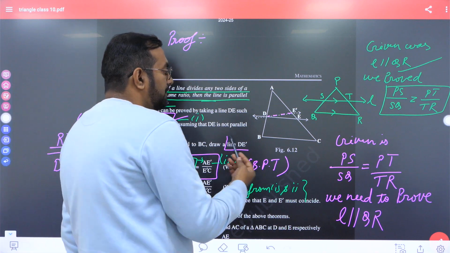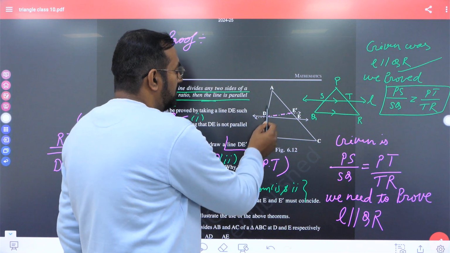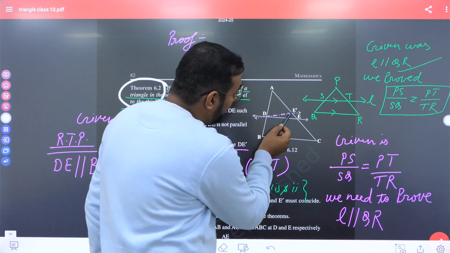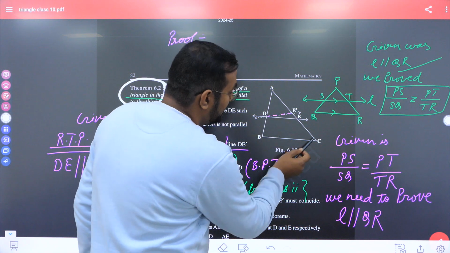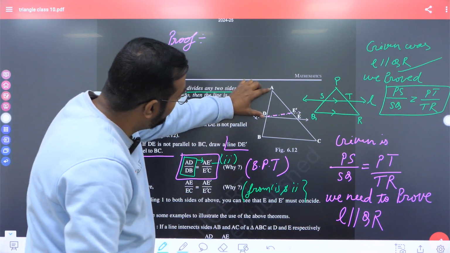You conclude that AE upon EC is also equal to AD upon BD, and AE dash upon E dash C is also equal to AD upon BD.